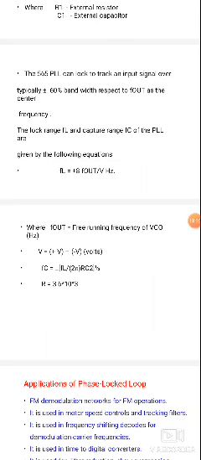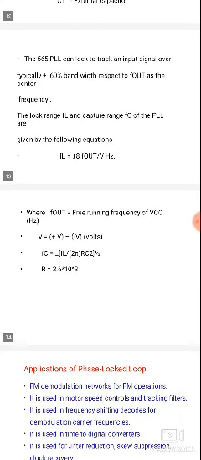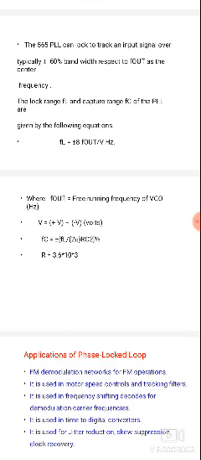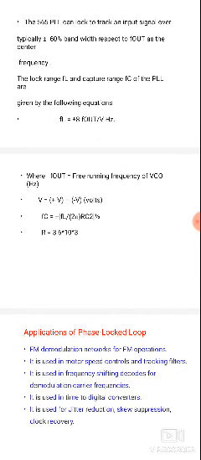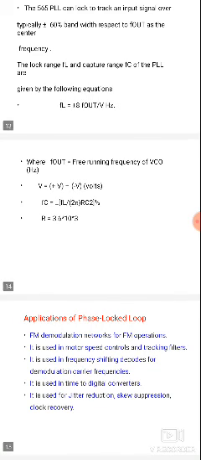V is voltage. The lock range is related to the output frequency and the incoming signal amplitude or voltage. So FL equals plus or minus 8 F out by V hertz, where F out is the free running frequency of the voltage controlled oscillator, and the frequency unit is hertz.